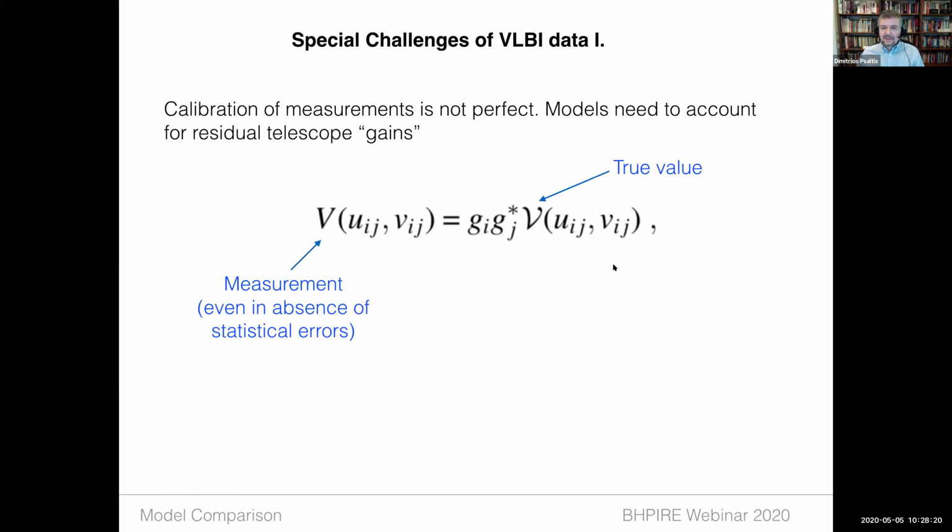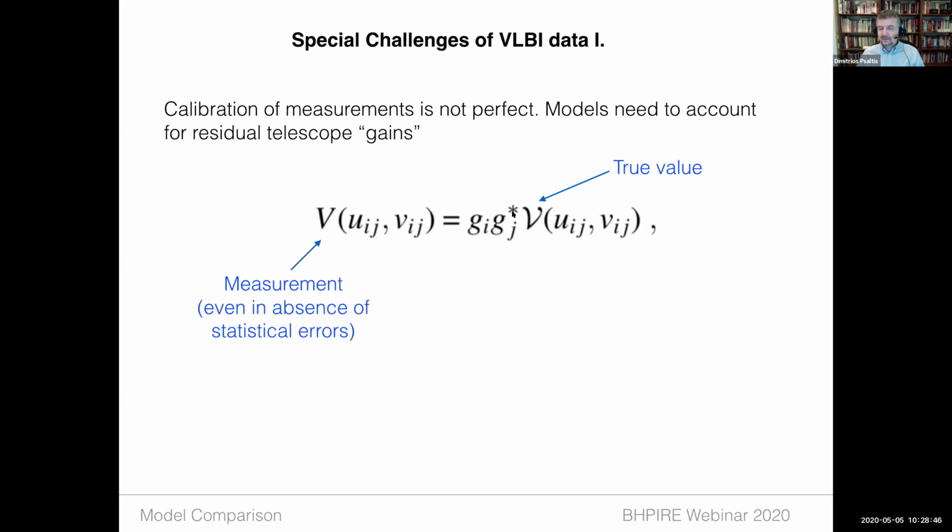And mathematically, the way to write it is that if you have, at a particular location in UV space, a true value written here by the calligraphic V of your model, what you really measure, before any thermal errors, has to be multiplied by those two gains that have to do with telescope i and telescope j that are part of that baseline.